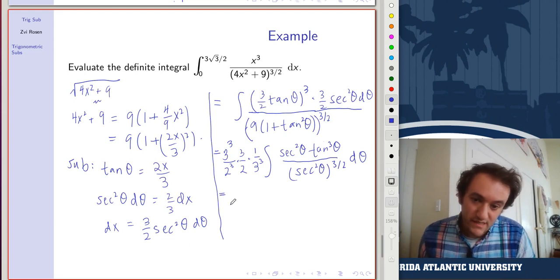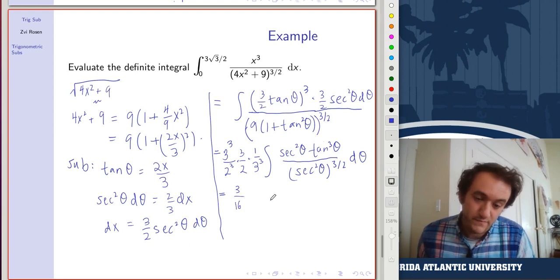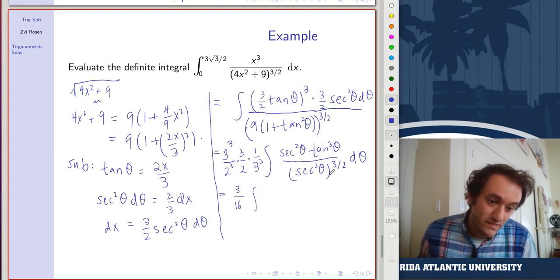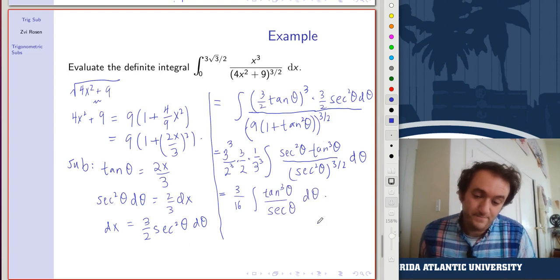Okay, combining all of these constants, we get 3 to the 4th over 3 cubed is 3, divided by 2 to the 4th, which is 16. Okay, the secant squared theta cancels with the secant cubed theta on the bottom here to make tan cubed theta divided by secant theta d theta.